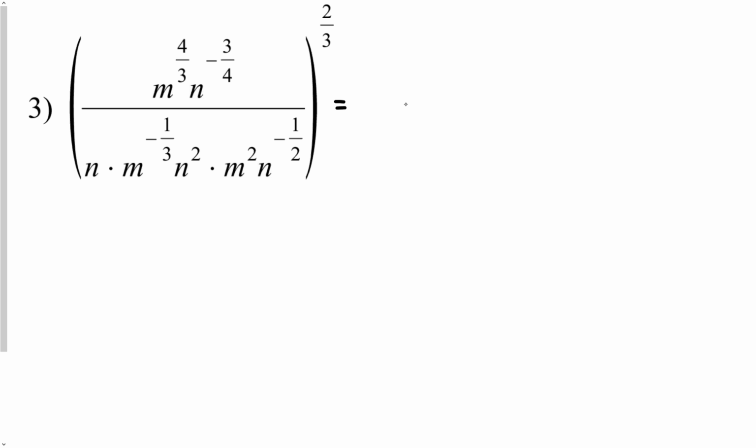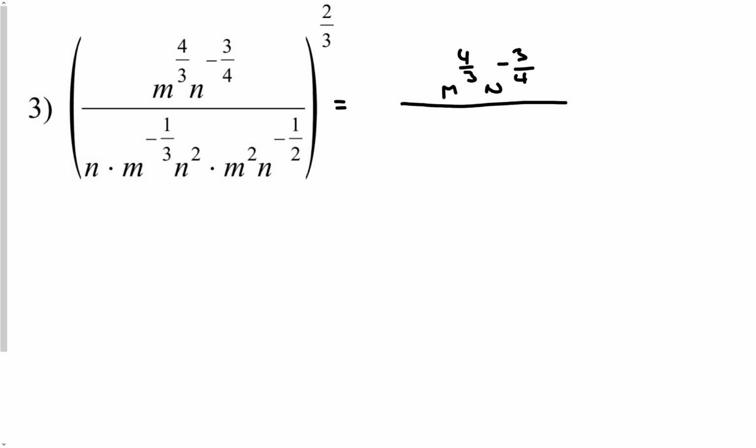So let's do that. Let's start with the numerator. There's nothing I can do there because we have an m and an n. But what we can do is combine the m's and the n's in the denominator, and then see where we can go from there.